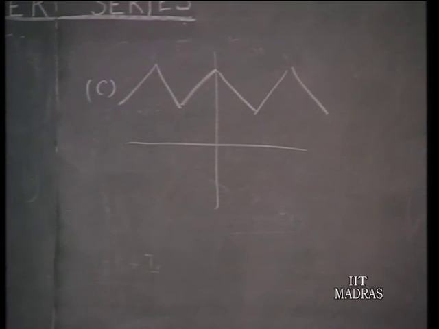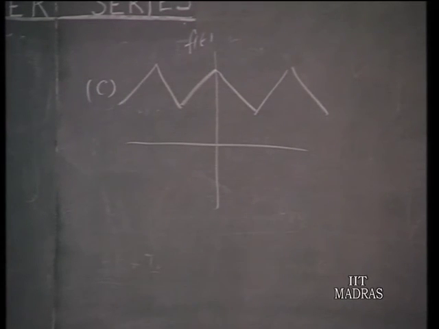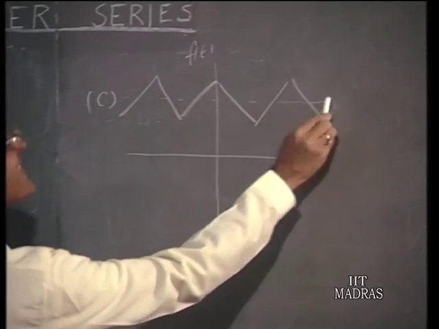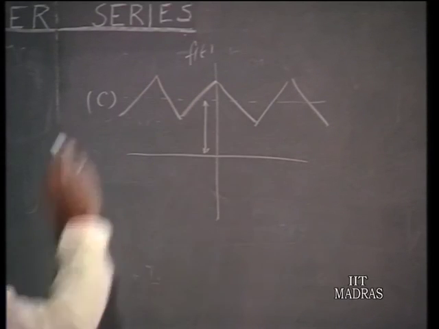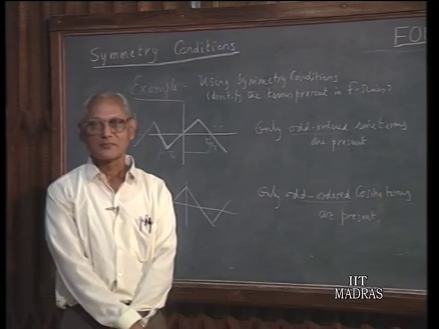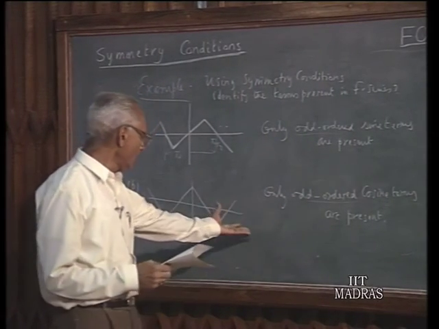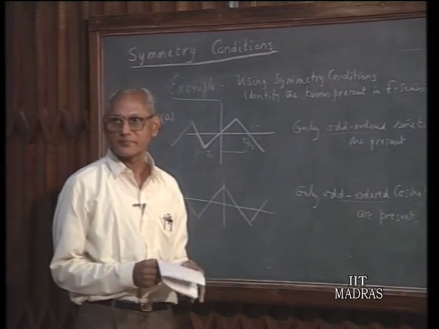Suppose I have a function like this, which is the same function shifted upwards by a certain amount. So, in other words, if I draw a line here parallel to the x axis and subtract this value from this f of t, this will be the resultant. So, what do we conclude from this? It will have all the harmonics that we are having here plus a DC term, right.